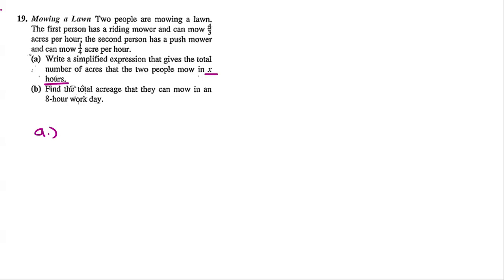Okay, so we're going to use the variable x. So it tells us that the first person can mow 4/3 acres per hour. Okay, so how can we represent that? How can we translate that? What would that be?